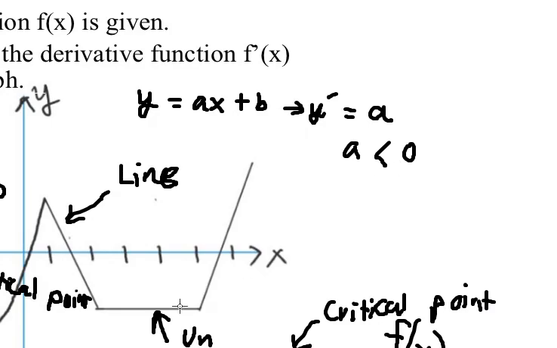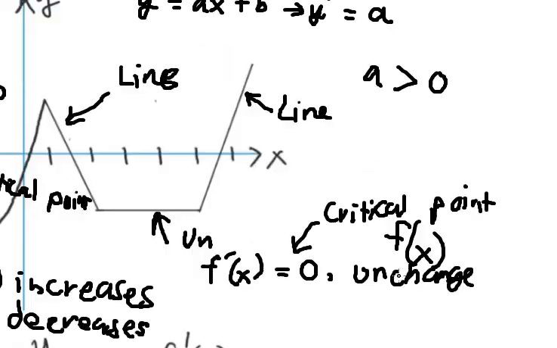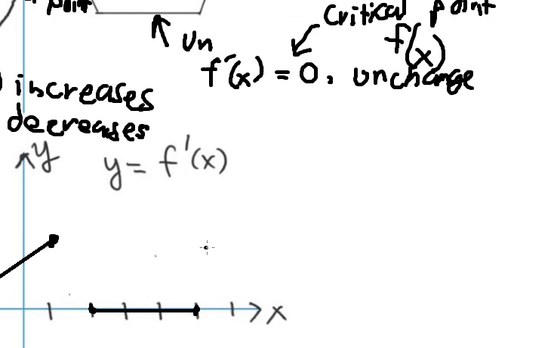The next one, this is a line. So in this situation, a should be positive. So we should put it in here.